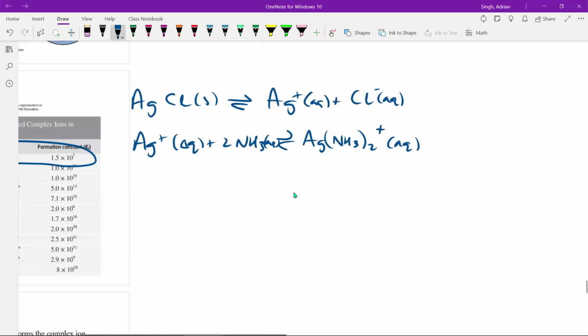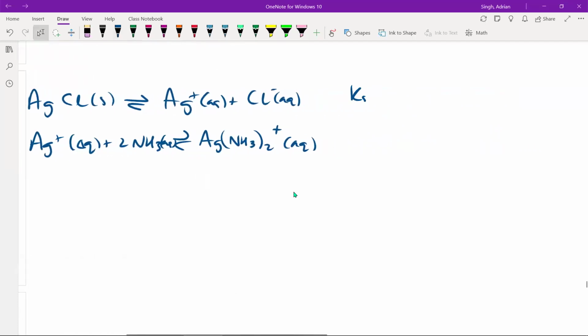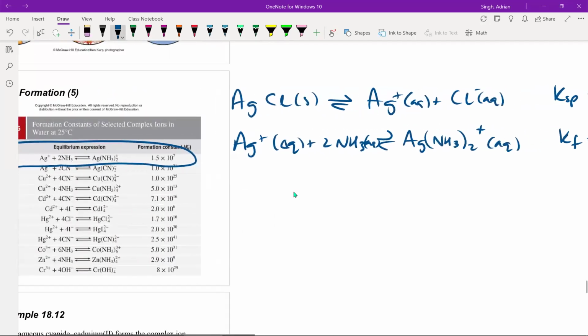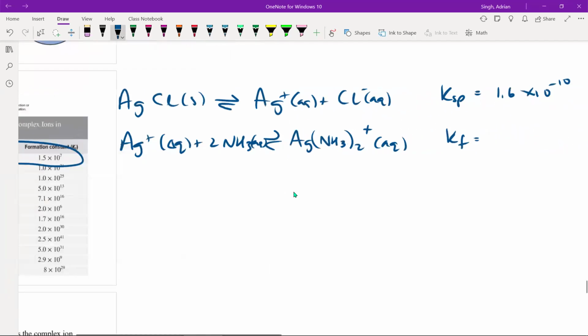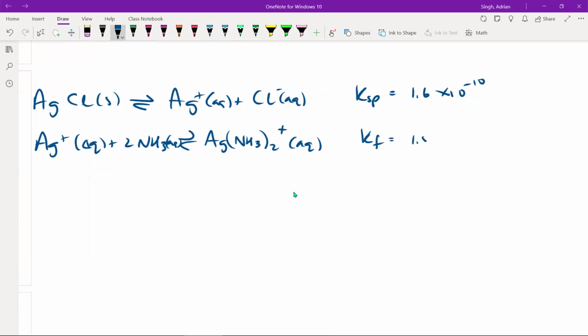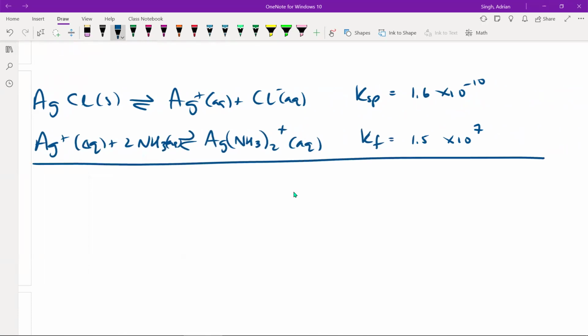We know the Ksp for the first one, which we've used quite frequently, is 1.6 times 10 to the negative 10. Now the Kf for the formation of the complex ion with silver and ammonia is 1.5 times 10 to the 7. We can add these two equilibrium expressions together, applying the same principles we used before.